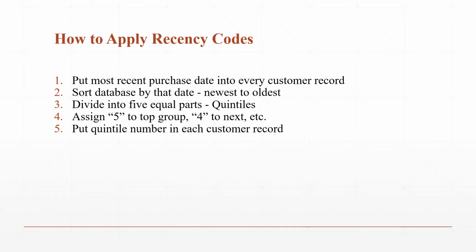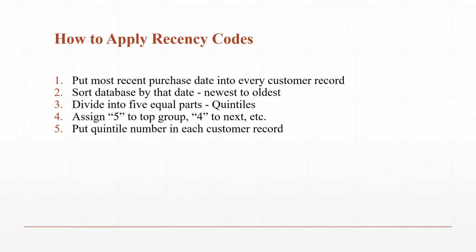Okay, so now let's look at how we build an RFM code and an RFM model. We start with recency, the R in RFM. What you do is you put the most recent purchase date into every customer record, and then you sort the database by that date, newest to oldest.